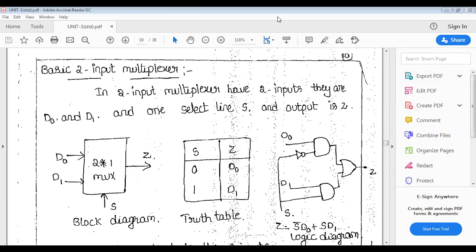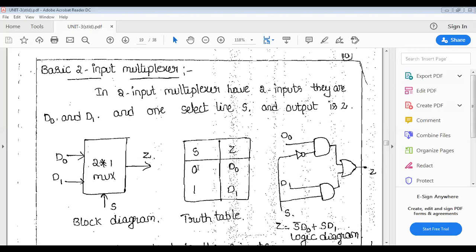A 2-input multiplexer means 2 power n inputs in the multiplexer, n selection lines and one output line. Here n is 1, so there is 1 selection line, 2 inputs and one output. The 2 inputs are D0 and D1, S is the selection line and Z is the output.